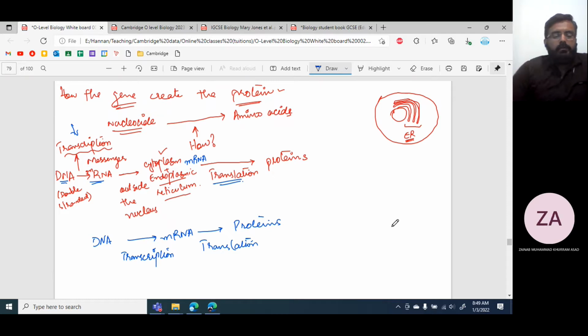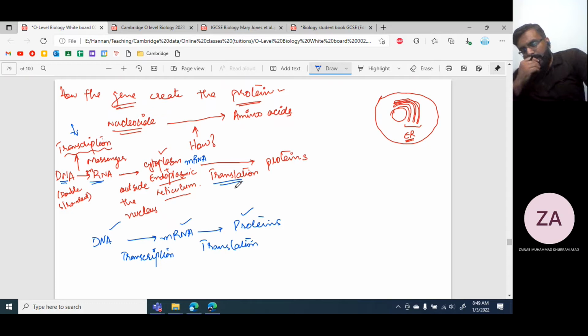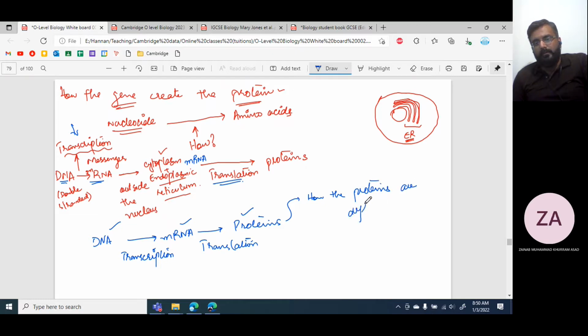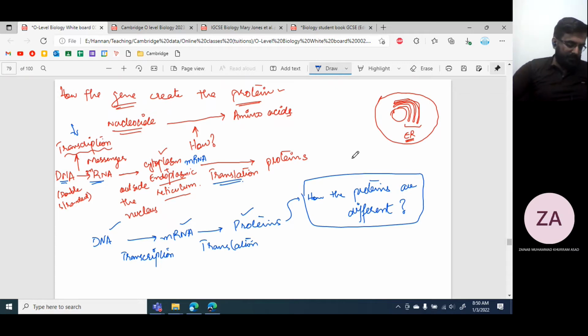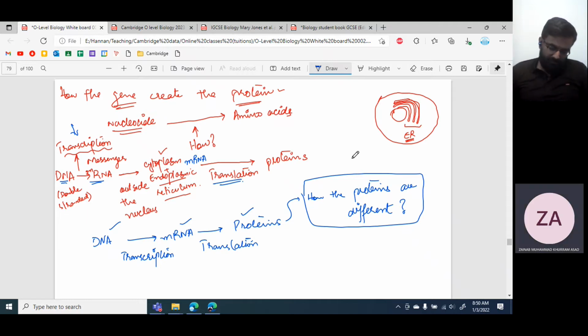Okay, DNA made the messenger RNA, and the messenger RNA made the proteins. Now, how are the proteins different? I think you can answer this by yourself. Yes, Zainab, can you answer this? Proteins are made up of monomer molecules called amino acids.